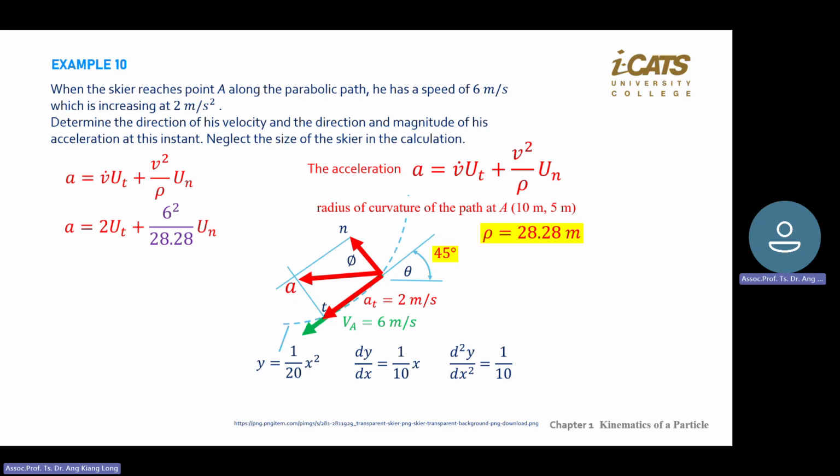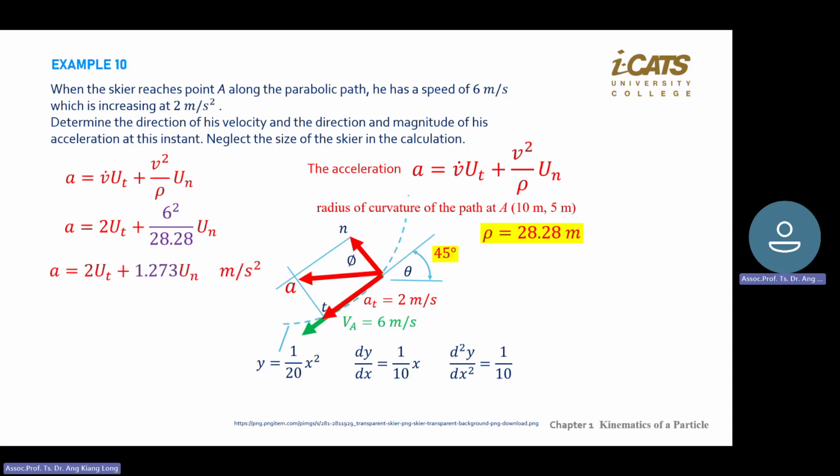V dot is AT, sorry. Don't say, oh, I don't have a value of Vn. In V squared over rho, you use the Vt value, the tangent value. So you use 6 and then substitute.